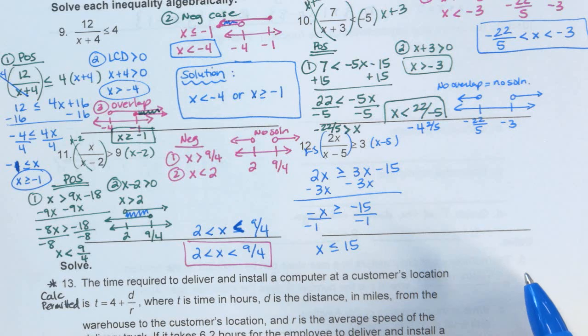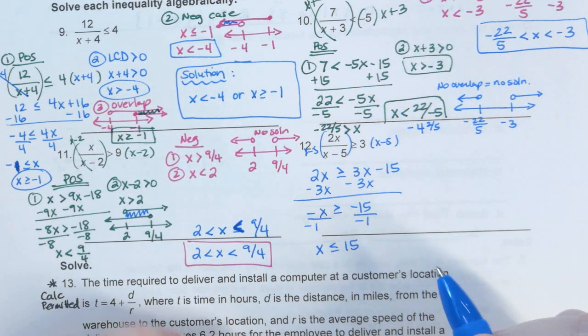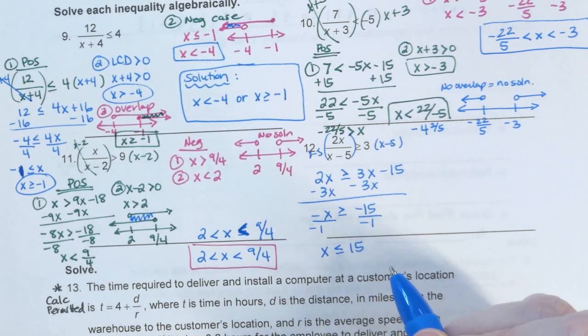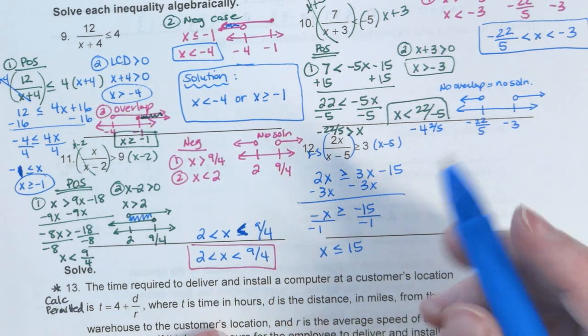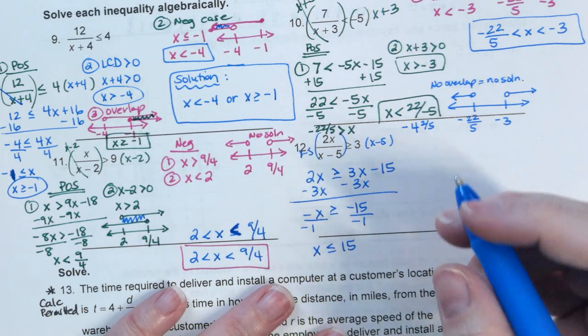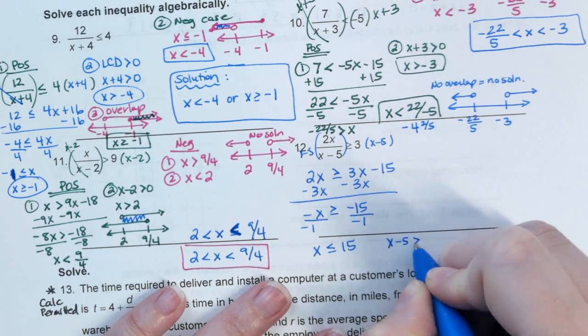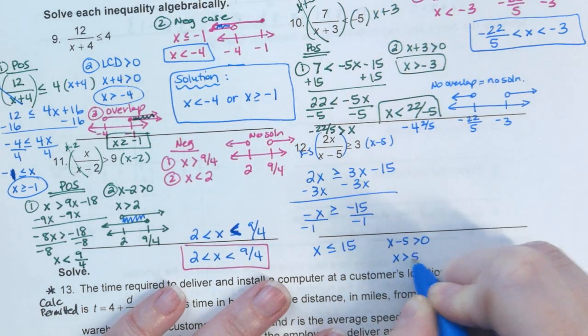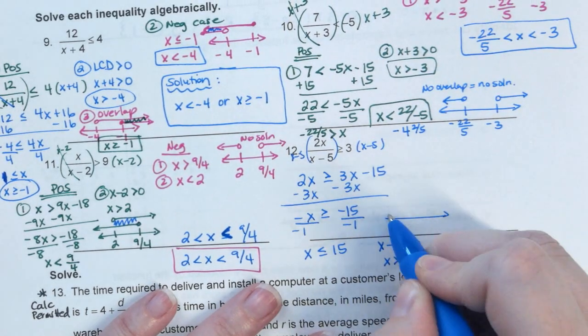That might be something like when you get the second part of your quiz, which is Tuesday, might be just a little note you want to put at the top. Sometimes that helps me. And then if you have x minus 5 is greater than 0, you know x is greater than 5. So let's find the overlap.